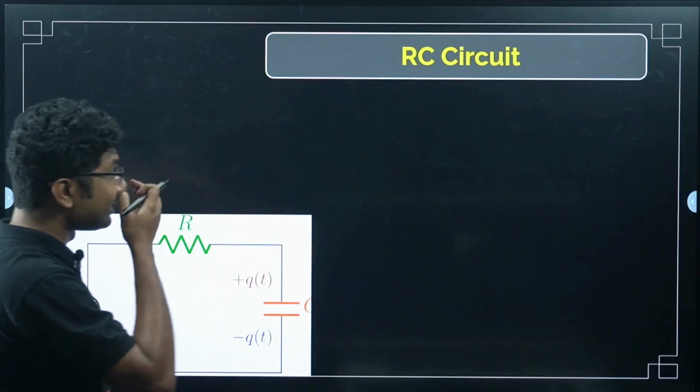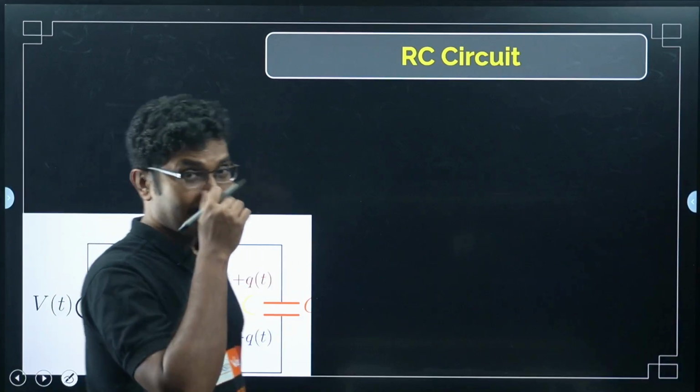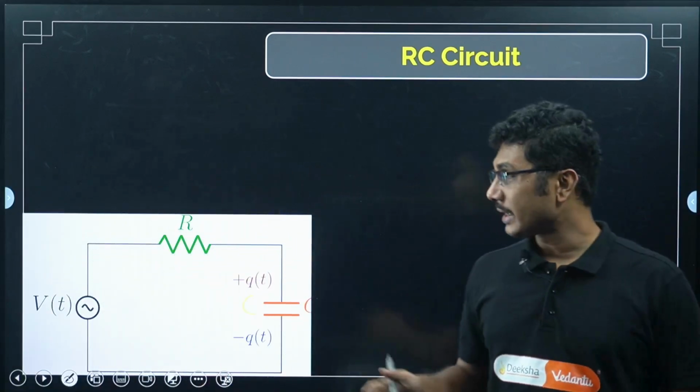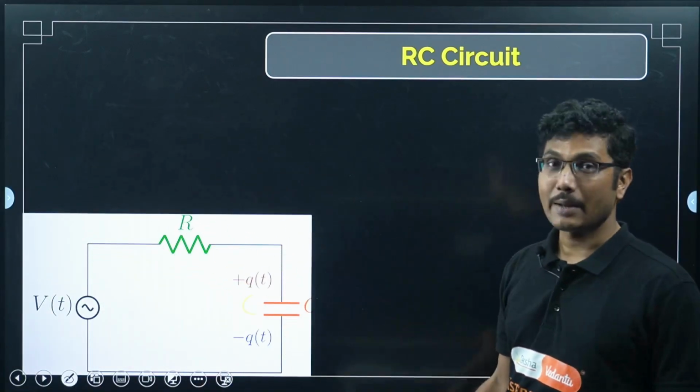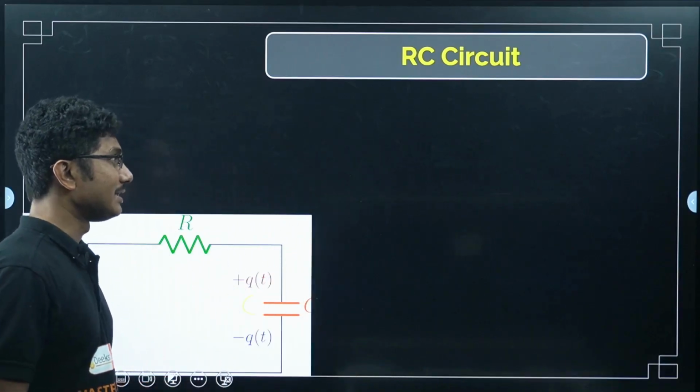Now look into the RC circuit. The RC circuit is the same. Instead of an inductor, we now connect one resistor and one capacitor in series. Simple, one resistor, one capacitor in series.